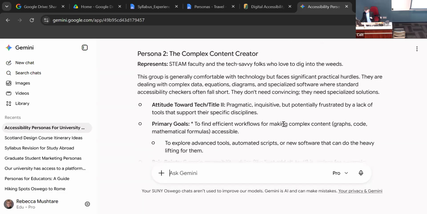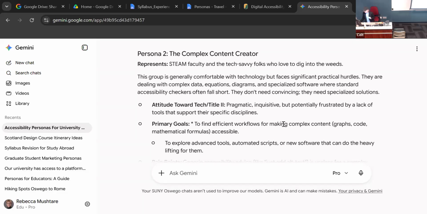The second one is the complex content creator. So this is the STEAM faculty and tech savvy folks who love to dig into the weeds. The attitude is maybe pragmatic, inquisitive, potentially frustrated by a lack of tools that support their specific disciplines.